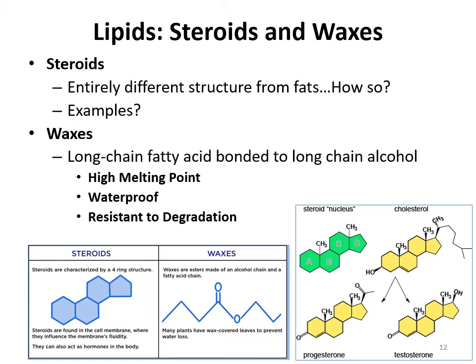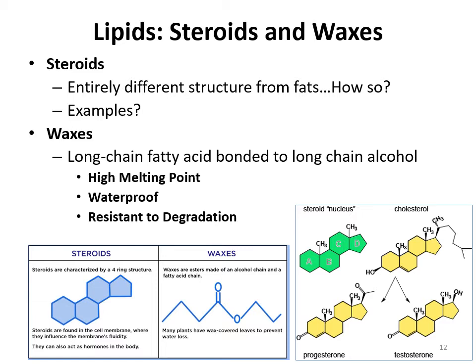Lipids also include steroids and waxes, and usually when you hear steroids, you think of the drugs. But what we focus on in terms of steroids is the fact that when you see steroid structure, like here and like over here, notice, they look very different from the other lipids that we've seen.